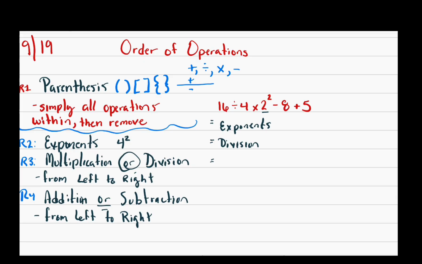After you complete division, now we can go to what? Now we go to multiplication. After we finish multiplication, if there's no multiplication or division, we are free to go on to the next step, which is step 4. What operations are we looking for now? Subtraction and addition, right?